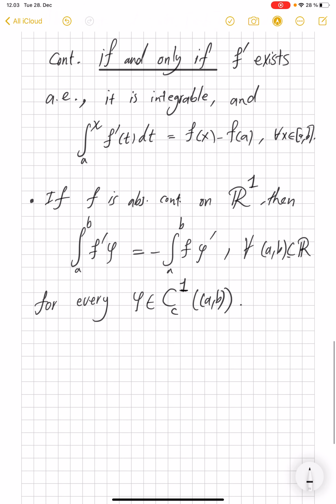Okay, so this kind of ends the R1 to R1 story, and we now know that the Lipschitz functions not only have derivatives almost everywhere, that derivative also satisfies and respects the common rules of calculus.